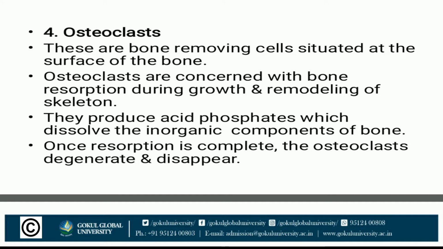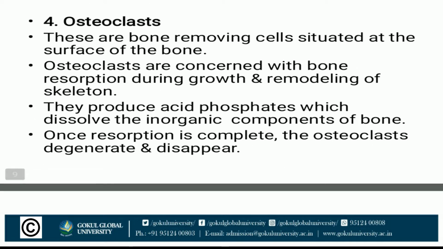Once resorption is complete, the osteoclast degenerates and disappears. In short, the function is bone removing cell, located at the surface of bone, concerned with bone resorption during growth and remodeling of the skeleton. Extra growth of bone they remove.